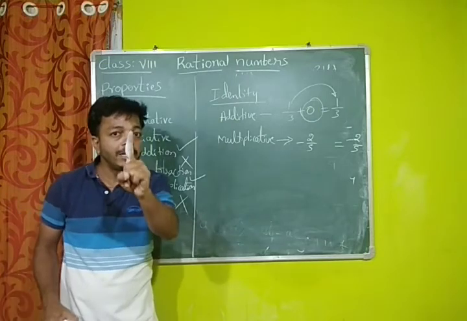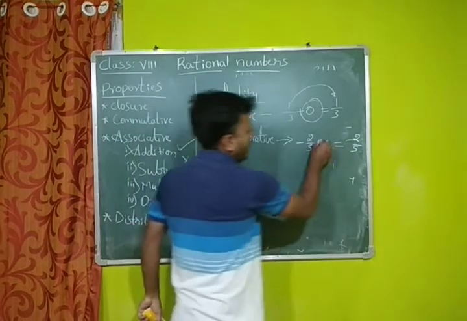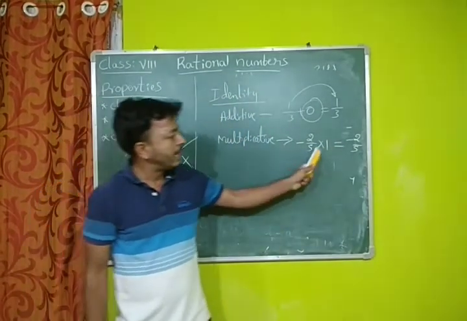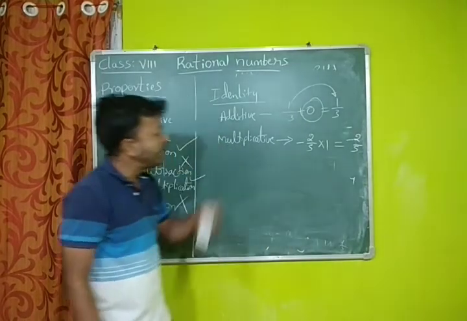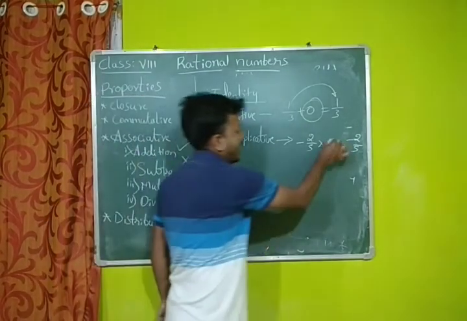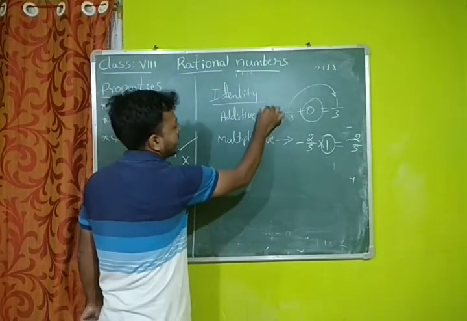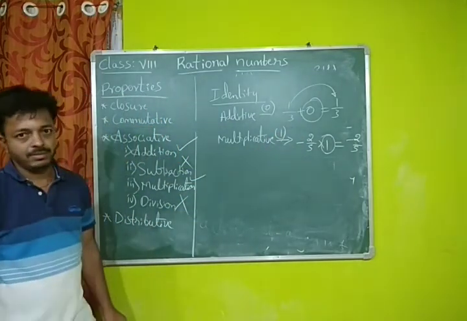If you multiply by 1, you will get the same number. Multiplied by 1, minus 2 upon 5 stays minus 2 upon 5. So the additive identity is 0 and the multiplicative identity is 1.